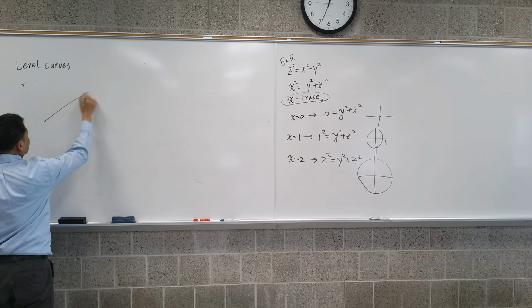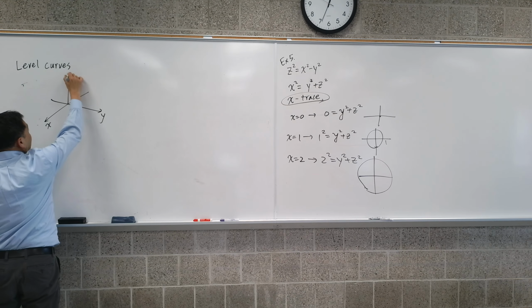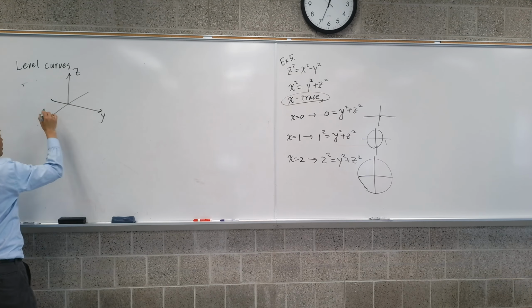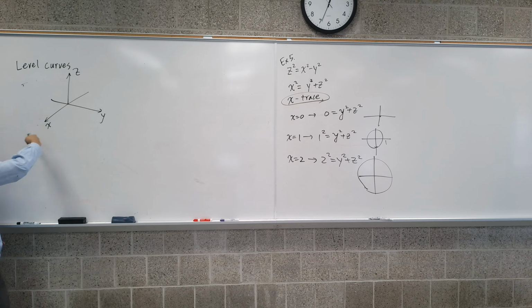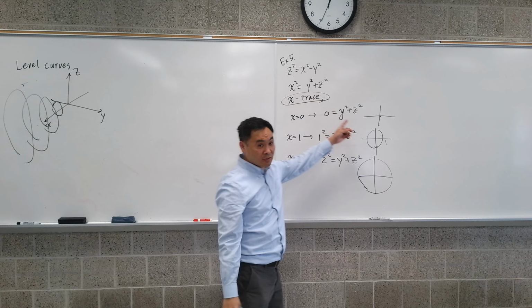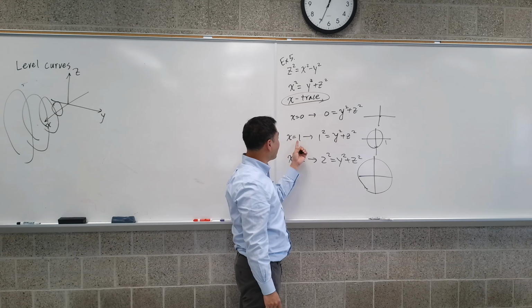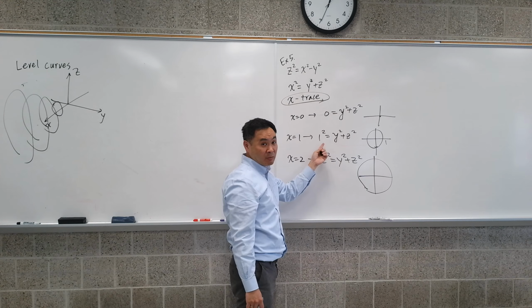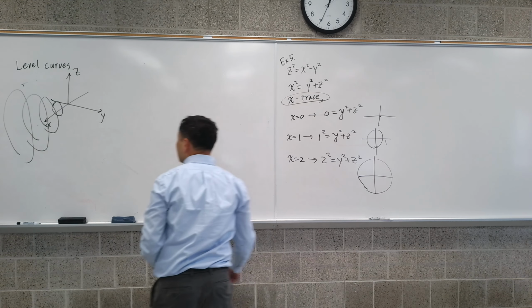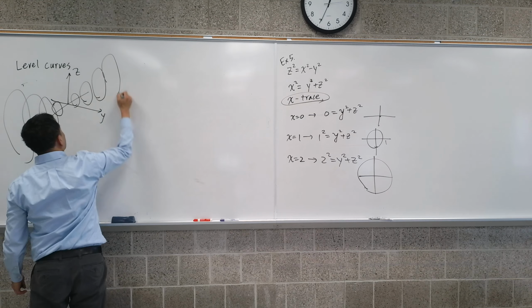So here's x, y, and then z. In the x direction, if you take perpendicular slices, you get all of these circles that get bigger and bigger. These are the x traces. Now, because we have x squared, it doesn't matter if you plug in -1, you get the same thing. So you get another circle that's going up.